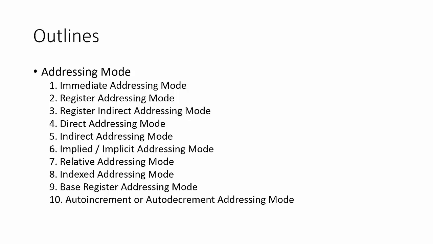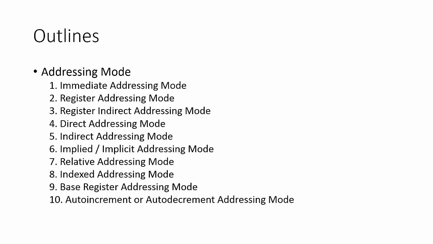There are numerous addressing modes, such as immediate addressing mode, register addressing mode, register indirect addressing mode, direct addressing mode, indirect addressing mode, implied or implicit addressing mode, relative addressing mode, index addressing mode, base register addressing mode, and auto increment or auto decrement addressing mode.